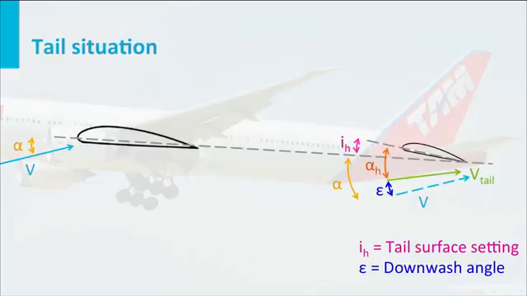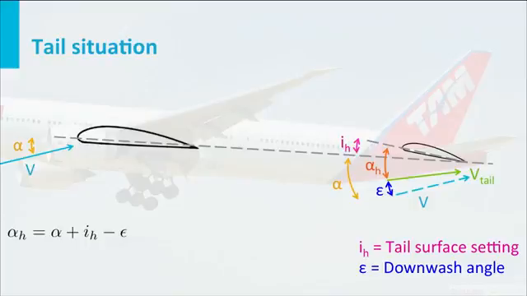If we write this mathematically, we can write this sum, which says the angle of attack of the horizontal tail surface is equal to the angle of attack of the whole aircraft, of the wing, plus the tail surface setting, the angle of incidence of the horizontal tail, but minus the downwash.